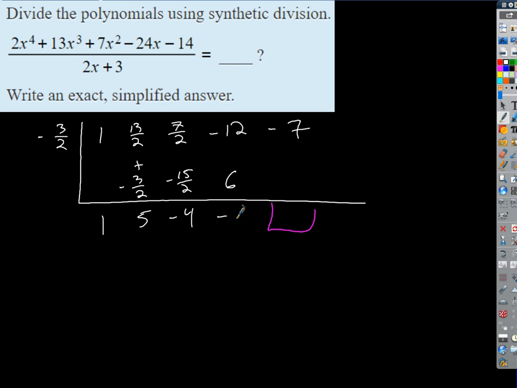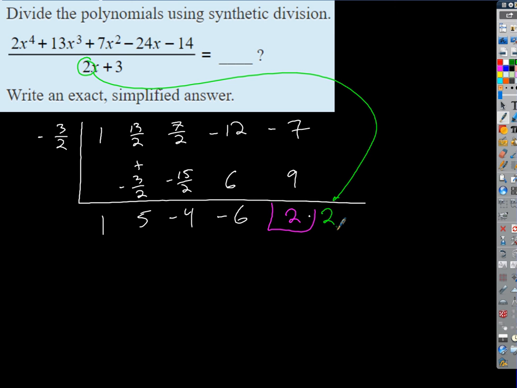So that gives us -6. And then -6 times -3 halves is 9. So that gives us a remainder of 2. But what do we have to do to our remainder? We've got to multiply it by 2, right?